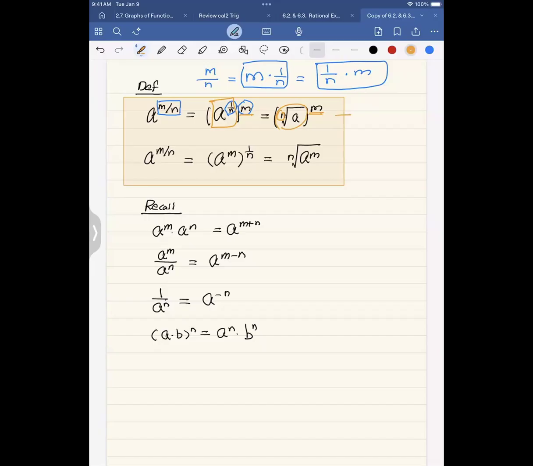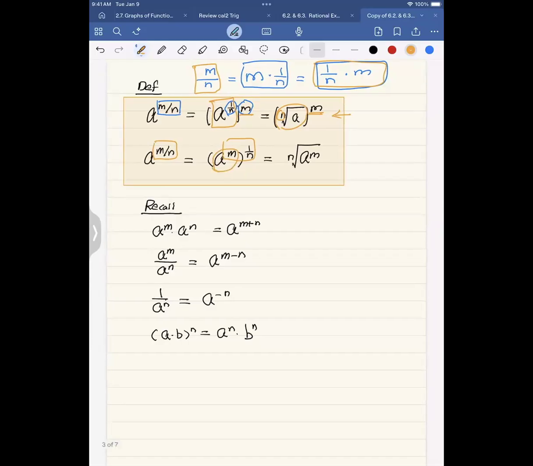In this expression, we use m over n as 1 over n times m. In the next expression, we will write m over n as m times 1 over n. Then a to the m power, to the 1 over n.